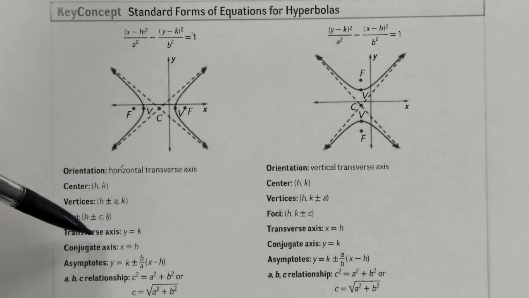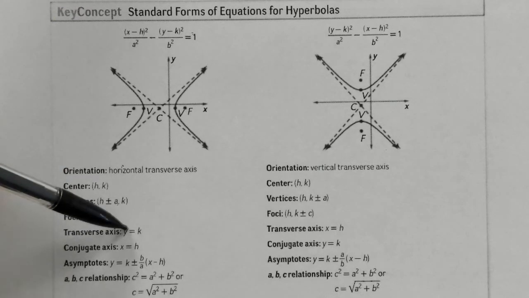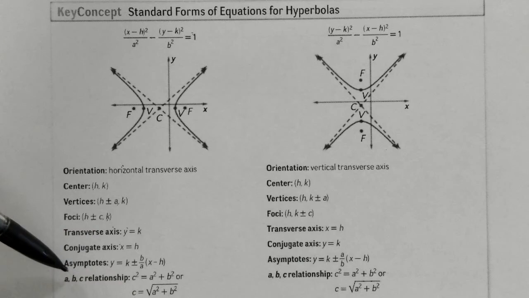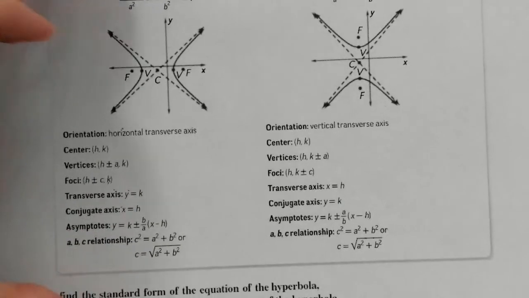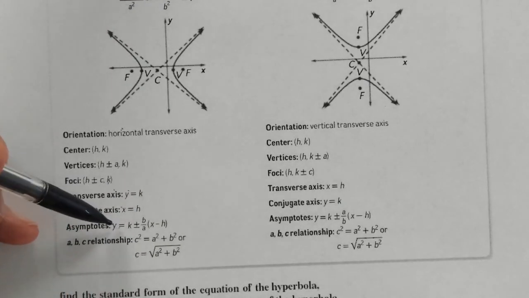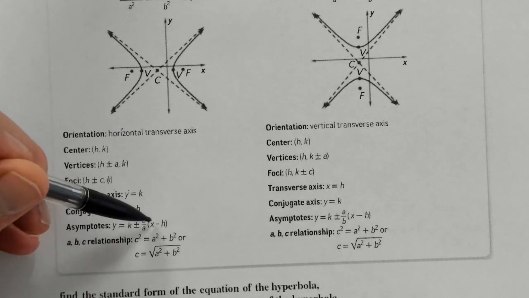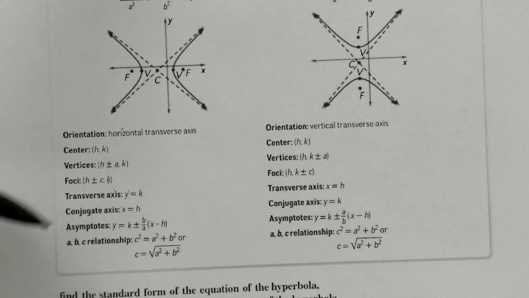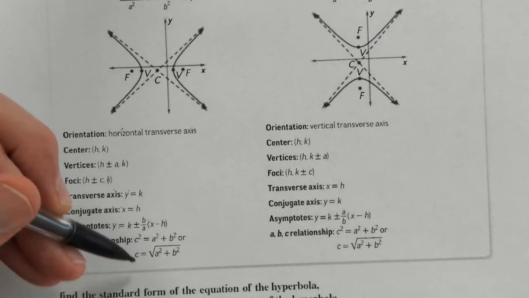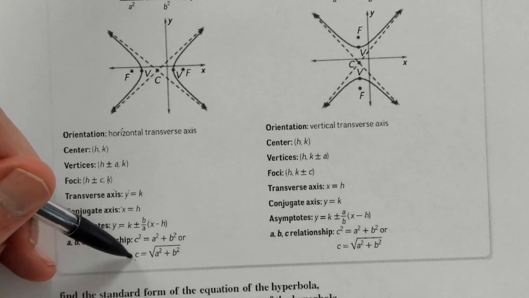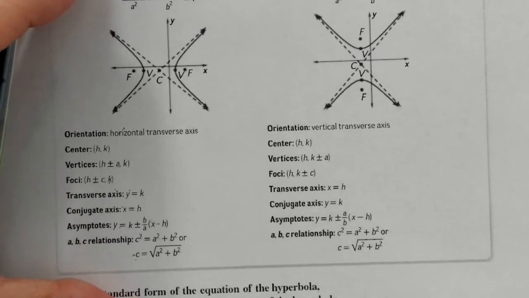Then you have the equation of the transverse axis, the equation of the conjugate axis, and also how you can write the equation of the asymptotes. So for a horizontal oriented one, it's y equals K plus or minus A over B, and then times x minus h. Okay? So again, here's my ABC relationship. Here's the main one that we're going to use because we can get A and B from the equation.